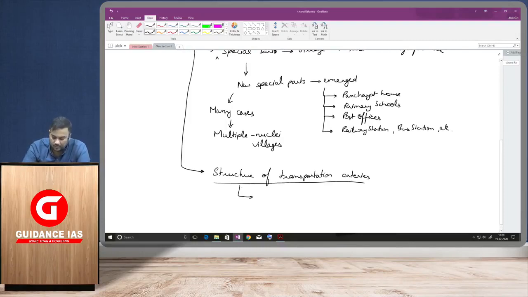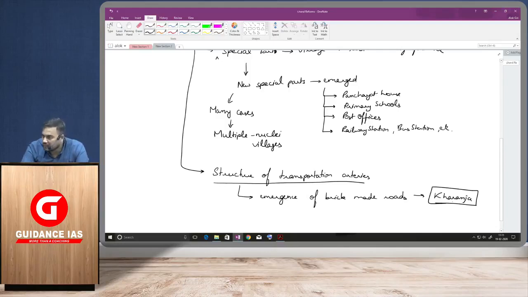Now there is emergence of brick made roads. For example, if you go in North India, इसको हिंदी में वहाँ पर बोलते हैं खरंजा. This was not the earlier case. Earlier it used to be normal land. But now these brick made roads are emerging.